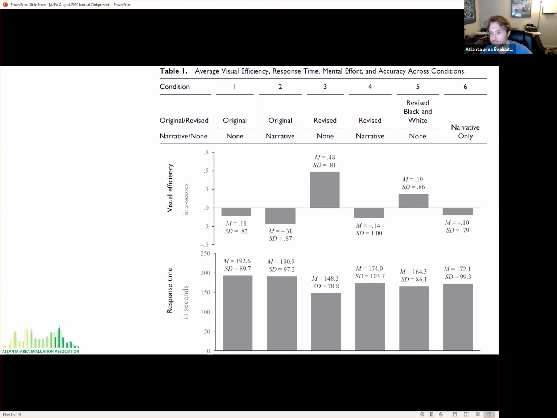And here we're talking about just in seconds, where the revised by itself, and some of this is fairly intuitive, right? If you're going to have a narrative section in there, it's going to drive it up. I do think it's interesting that the original by itself had a longer response time than the original and the narrative. Maybe that particular group was really focused on understanding it, as opposed to just the revised by itself, which was less than all of them. So it does seem like there is some influence there.